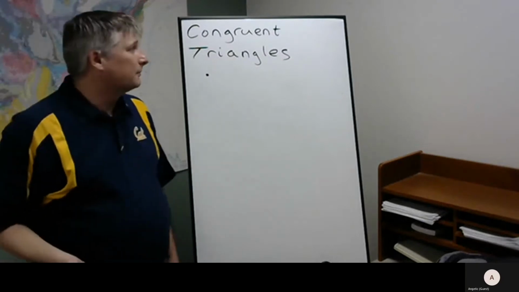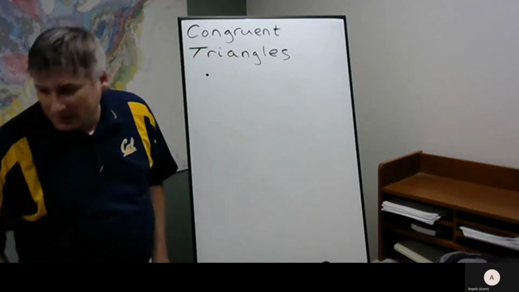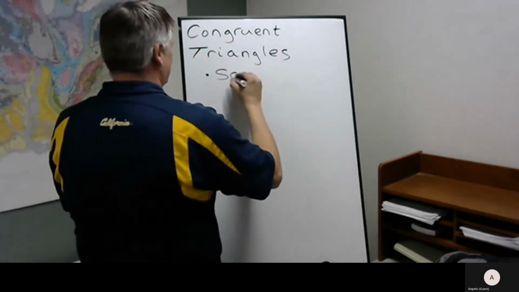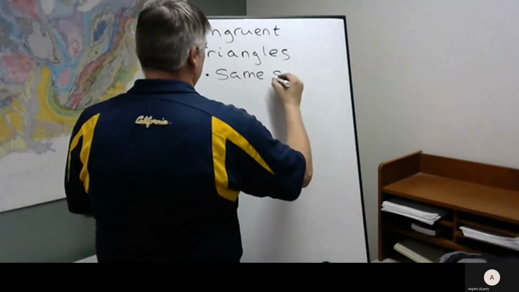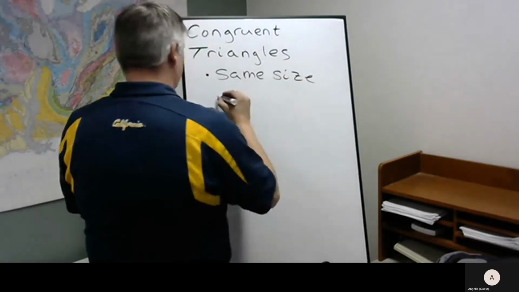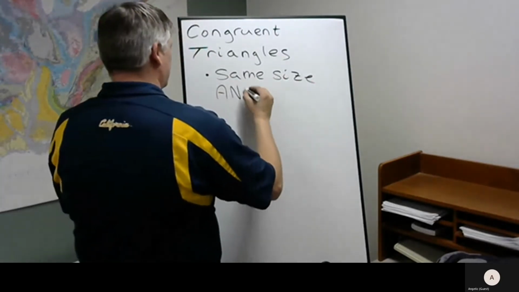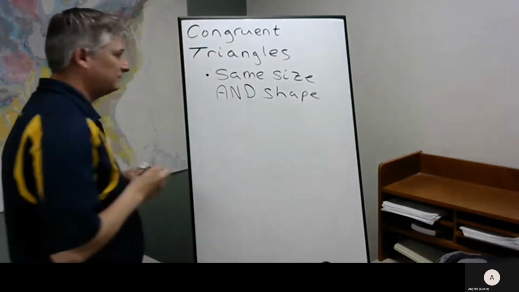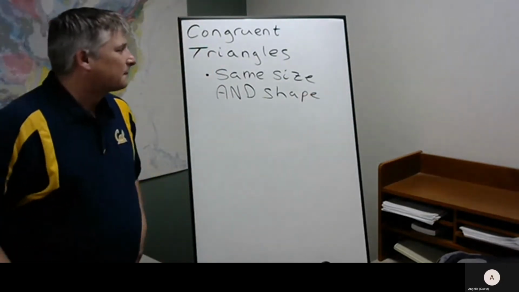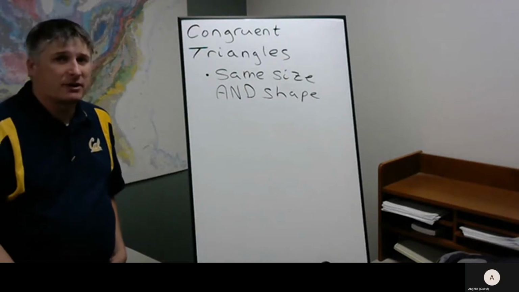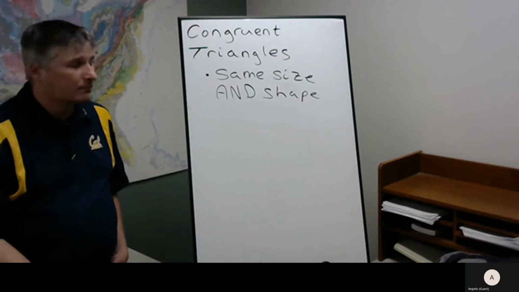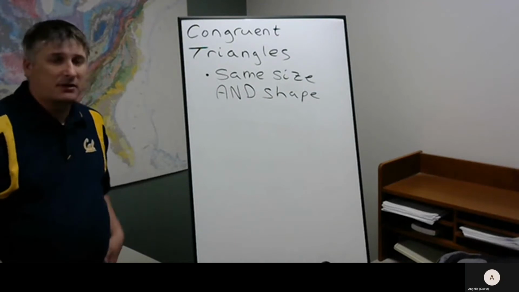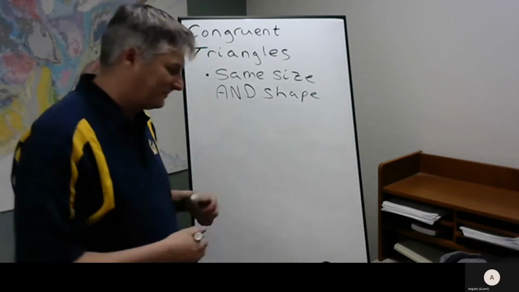So for congruent triangles, you have the same size and you have the same shape. Now for similar triangles, we have the same shape, but we didn't have the same size. In this case, they're going to be exactly the same.